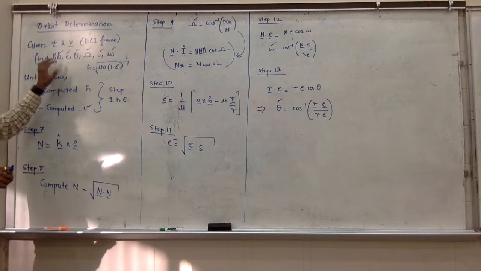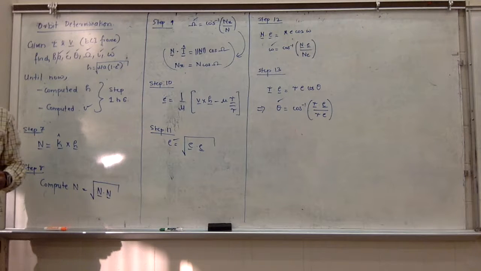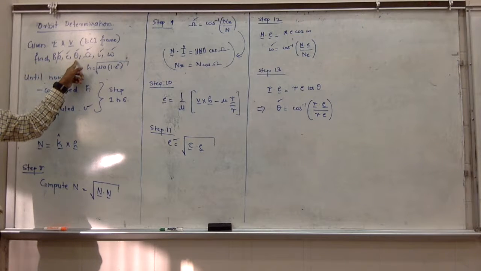Just refresh your memories. What does H or A characterize for the orbit? The size of the orbit. What does E characterize? The shape of the orbit. What does theta characterize? The position of the orbiting body.